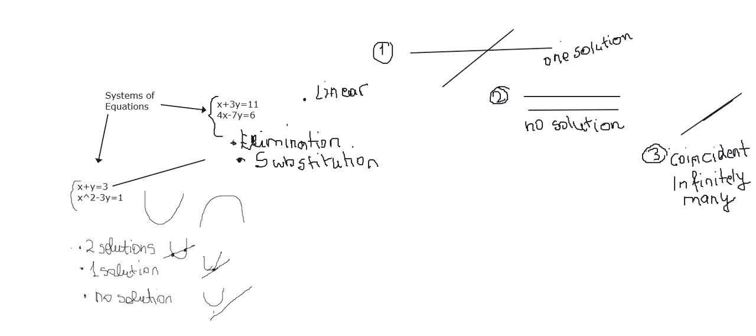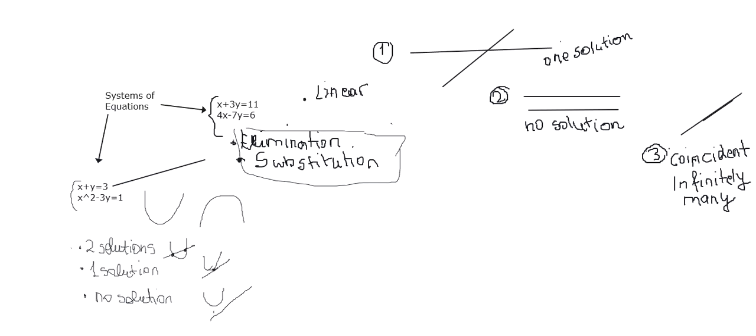So the general way we deal with a system of equations is, if we have only linear equations, we use elimination or substitution. These are the main ways to predict the solution and what to expect from it: parallel lines, intersecting, or coincident.